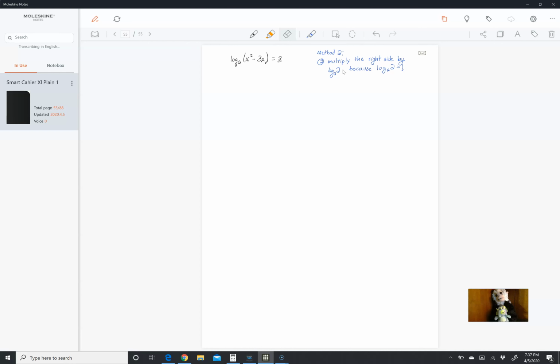That's the first thing. So we're multiplying by 1, so we're not changing the value of the equation. 3 times 1 is 3. Nothing is changing about the values. And we're using base 2 because that's the base that we have on the other side.